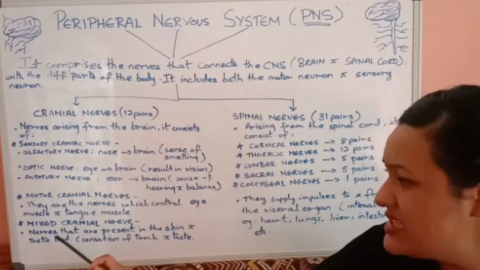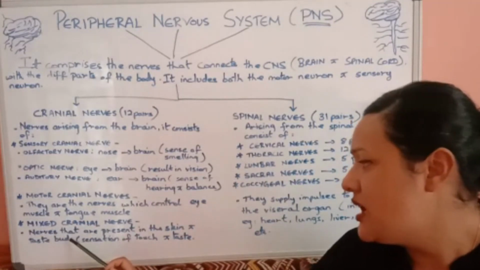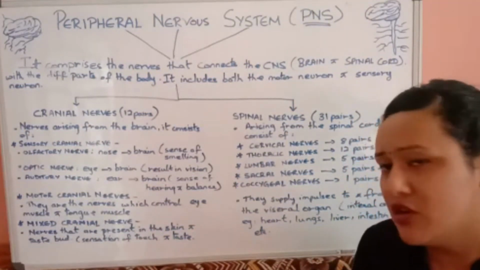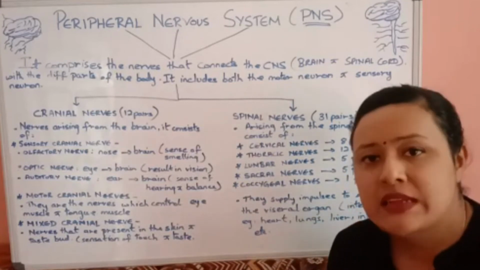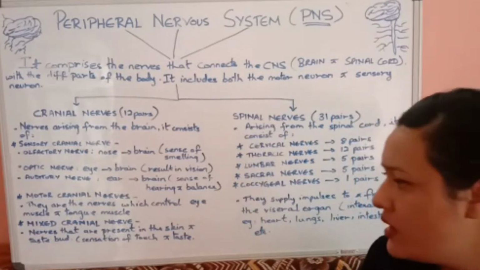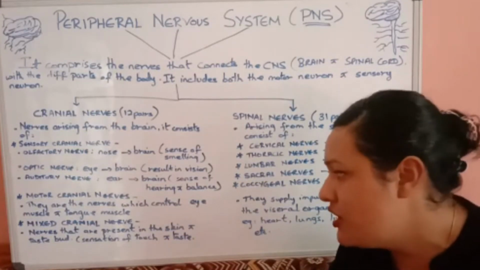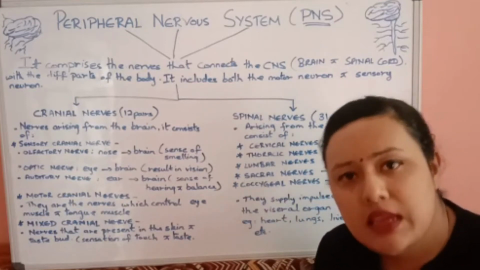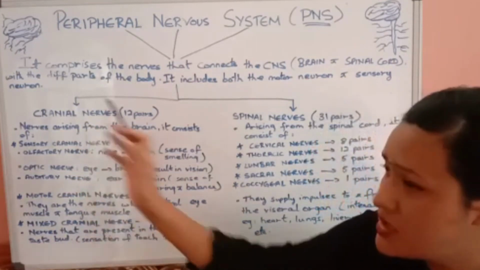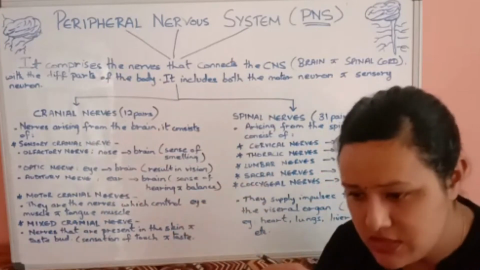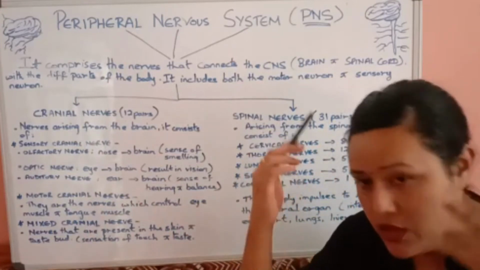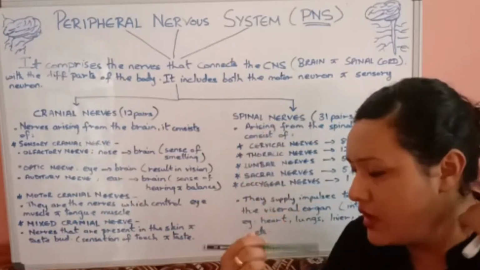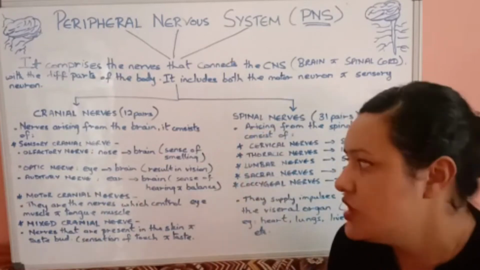These are the nerves present in your skin and also in the taste buds of your tongue, and they are responsible for the sensation of touch and taste. So these are the nerves that come under cranial nerves, just within your neck to head region.